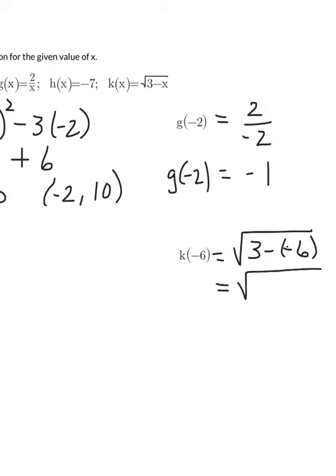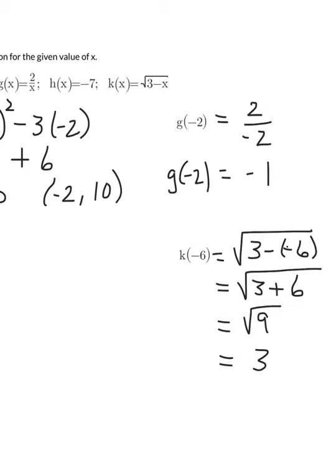So 3 minus negative 6 turns into 3 plus 6, because when we subtract a negative number, that is the same as adding a positive number. So we get the square root of 9, and the square root of 9 gives us 3. So k of negative 6 is 3.